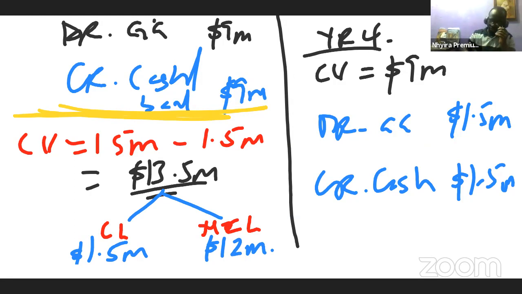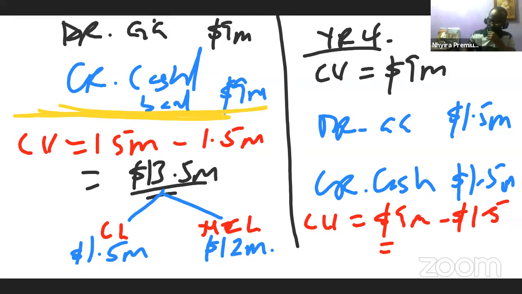So now the carrying value of the government grant will be 9 million minus the payment we made of 1.5, and that will be, is it 7.5? Yeah. So now this 7.5, we will still continue to allocate over the economic useful life of the asset.